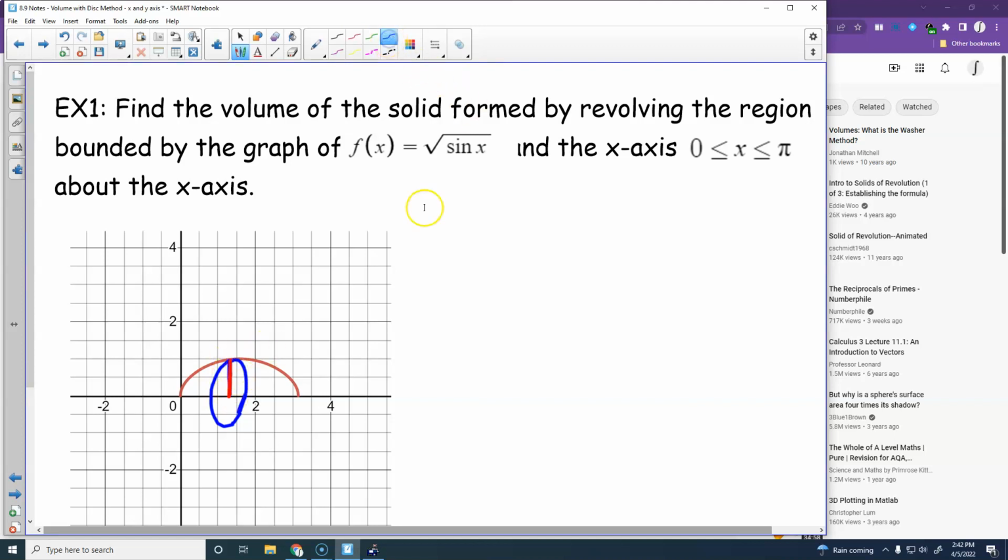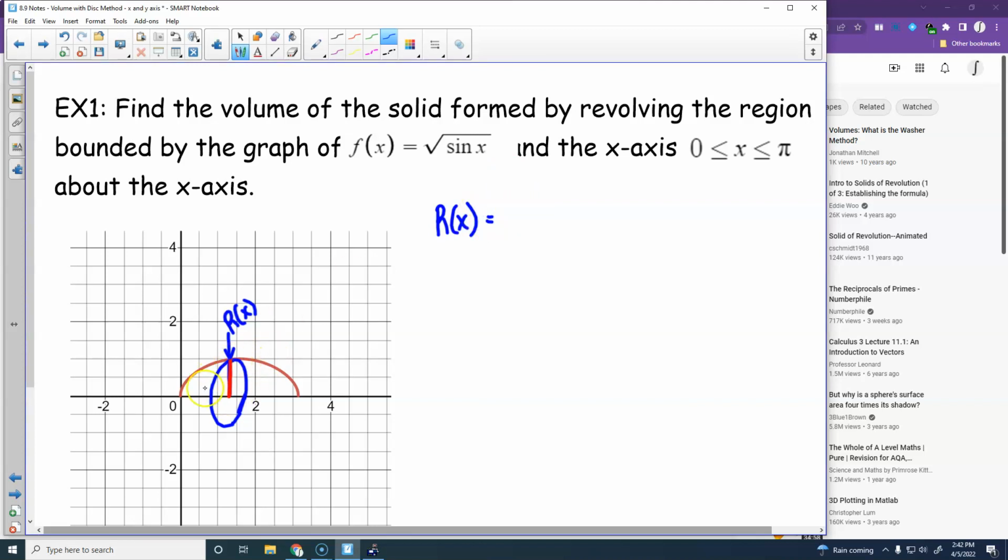So we're going to call that R of S or R of X because this one is in terms of X. Yes, this red line right here is R of X. So that is just going to be top function minus bottom function. But for the ones that you're going to see today, that bottom function is going to always be 0. We're going to see ones that are different later, but right now that should always be 0.